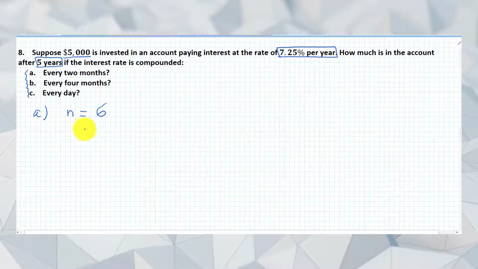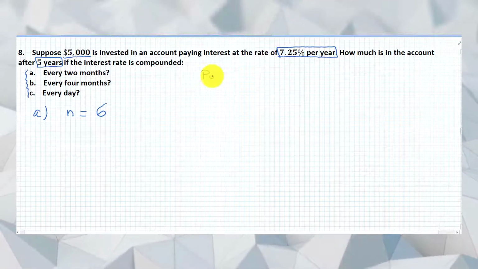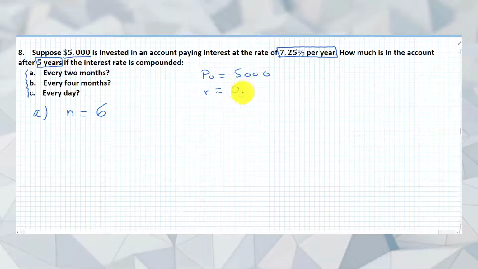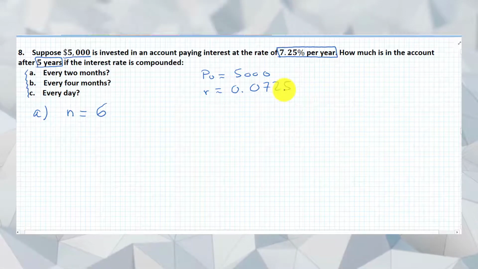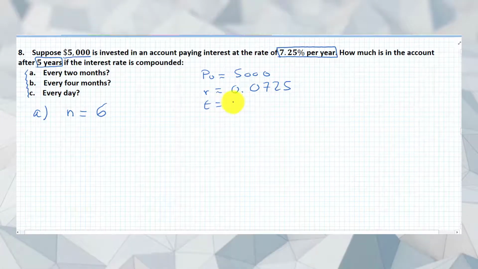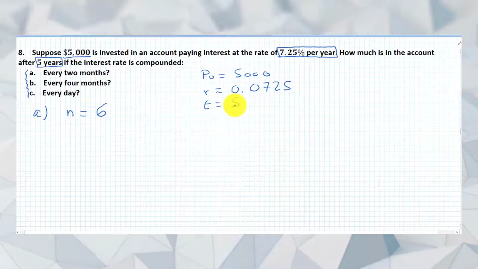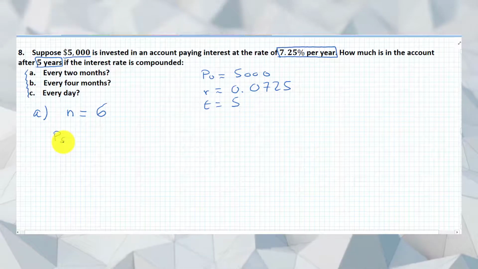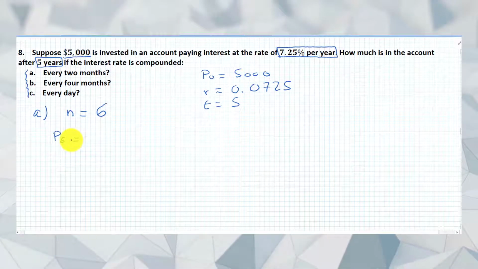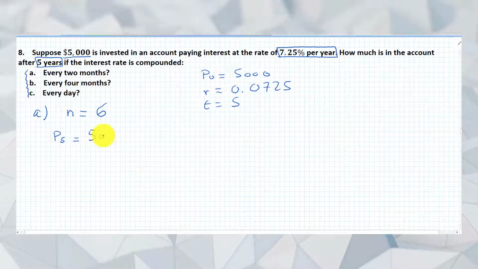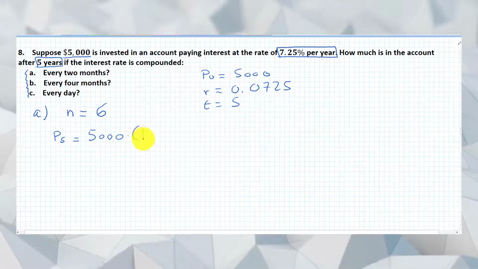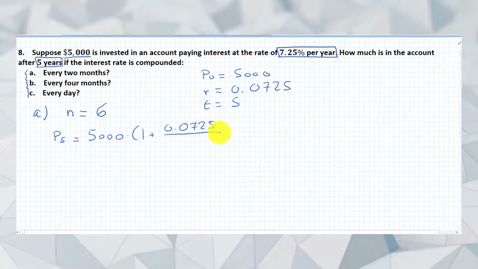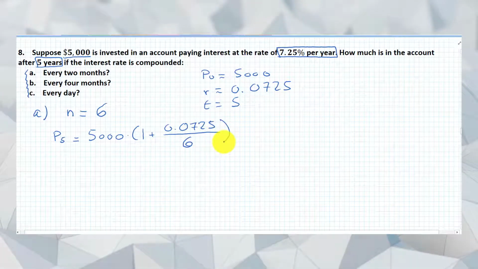So my initial investment P naught is $5,000. R is 0.0725 and T is 5. In the first case, n is 6, so P sub 5, on the fifth year, I will have, this is a future value, 5,000 times 1 plus 0.0725 divided by 6, every 2 months.